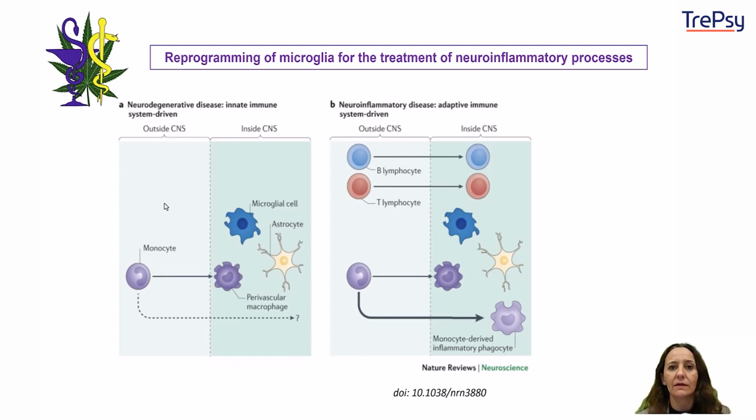So they come past the blood-brain barrier and have an activity inside the central nervous system. And this is very important for the knowledge on different illnesses that have a target in the central nervous system.